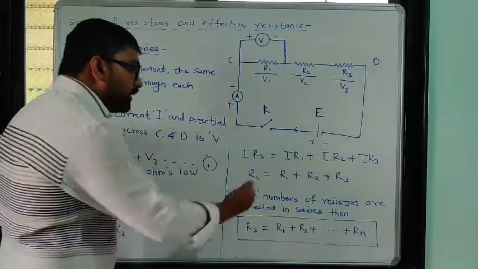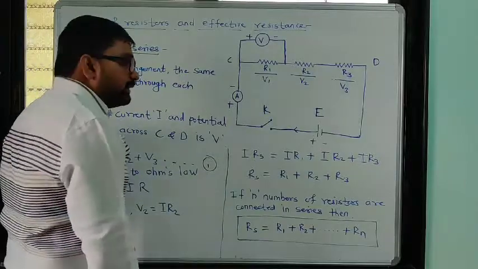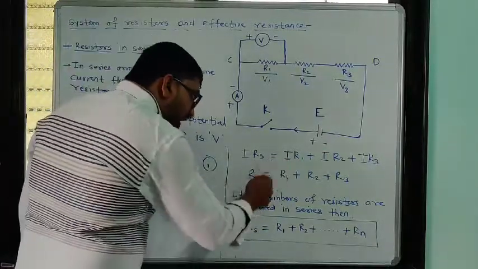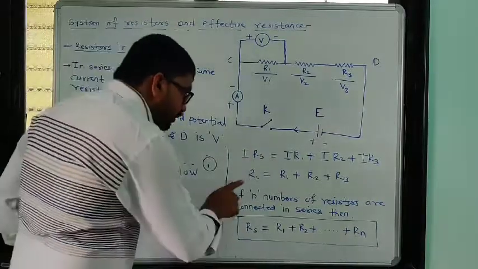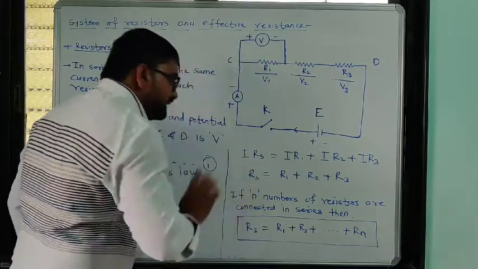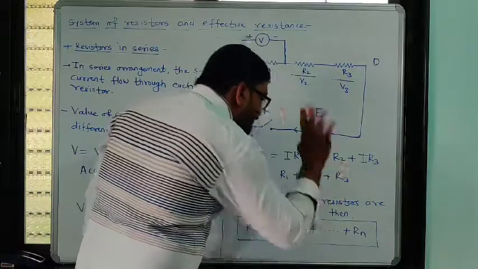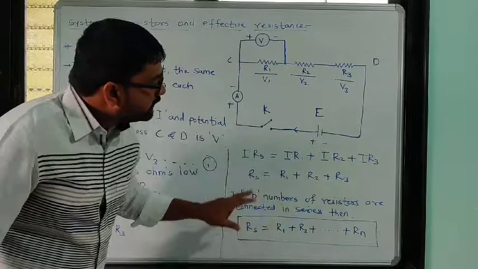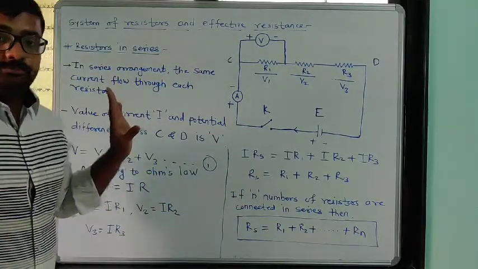Here if we take I common from the right hand side, then R1 plus R2 plus R3 is remaining. I from both sides gets cancelled. So what remains is RS, resistance in series, and that will be equal to R1 plus R2 plus R3. That is the effective resistance of three resistors when they are connected in series.